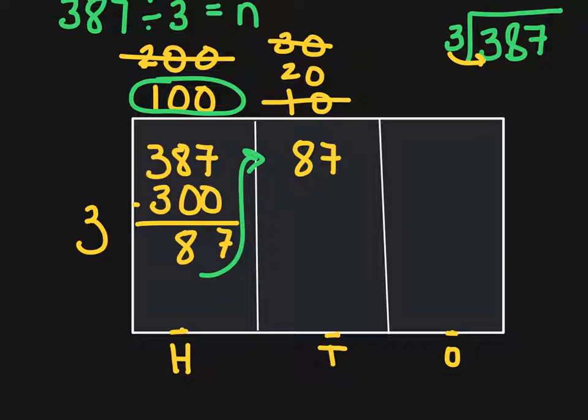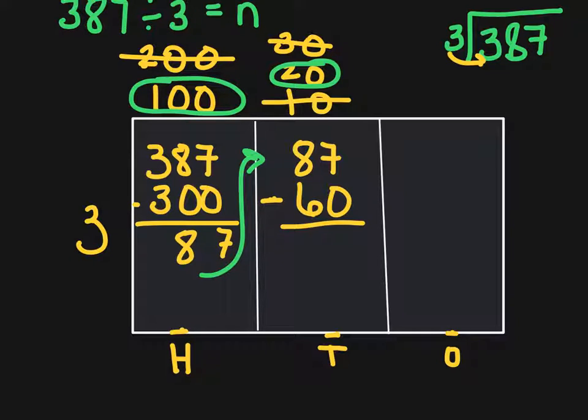But 3 times 20 is 60. It's less than 87. So I'm going to use 3 times 20, which will be 60. So I'm going to put that right here. Because remember, the 3 times 30 was 90, and that's larger than 87, so I can't do that.